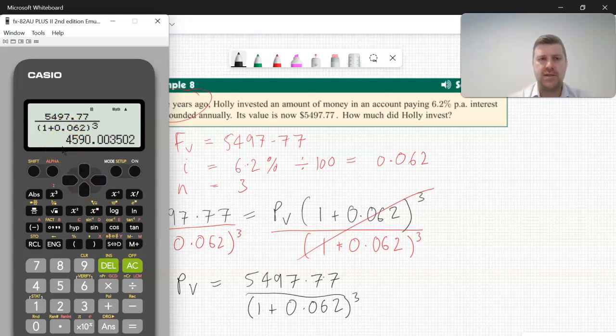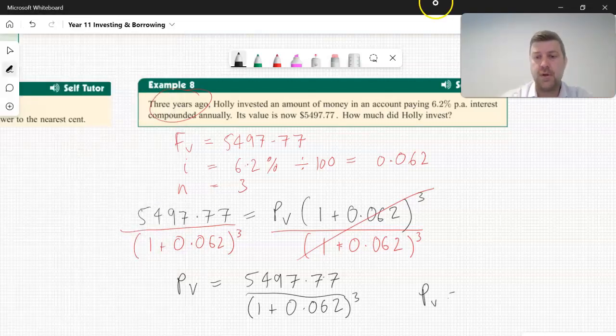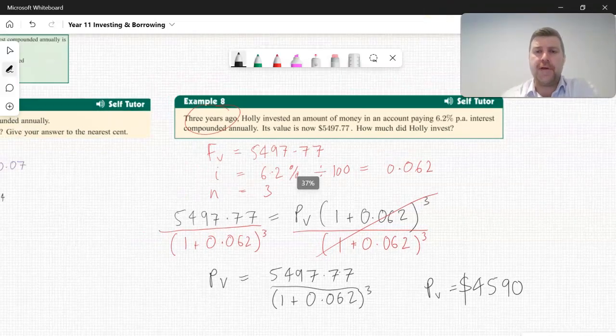So that means that 3 years ago, Holly must have invested $4,590. So the present value is $4,590. Okay, hopefully that helps.